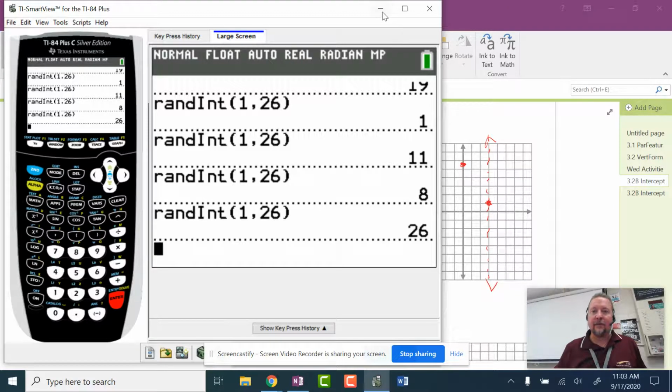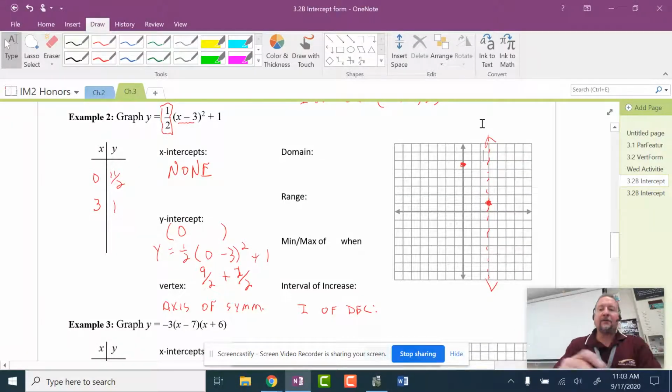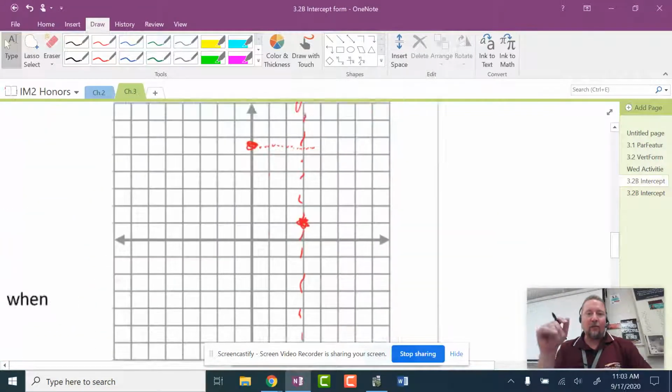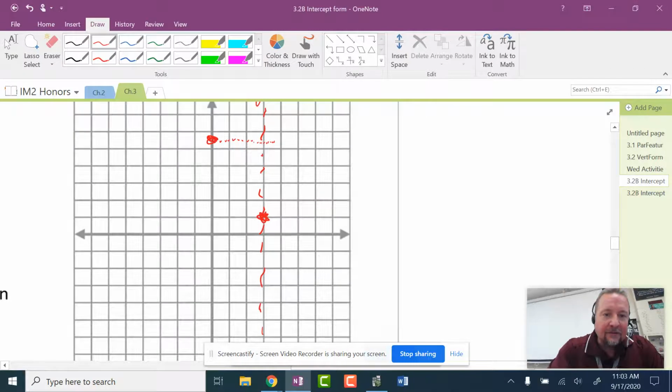Patrick, that's number 2, I think, right? Patrick, what's another point for x that would have 11 halves for a y value? I don't want to give it all the way here. So zooming in on that, the y value is 11 halves, and this is an axis of symmetry. So what would be the other x coordinate? There we go. 6.